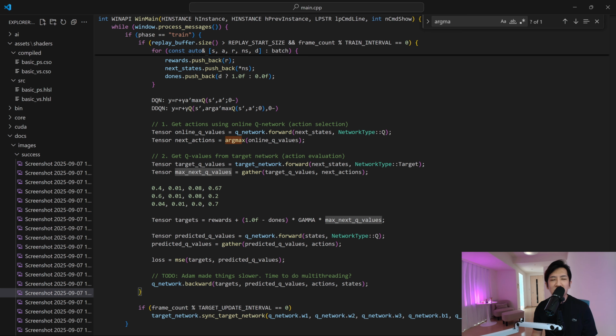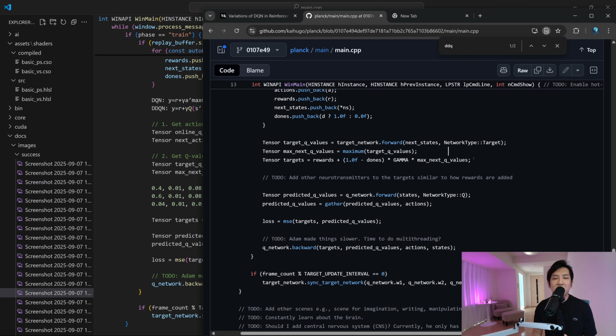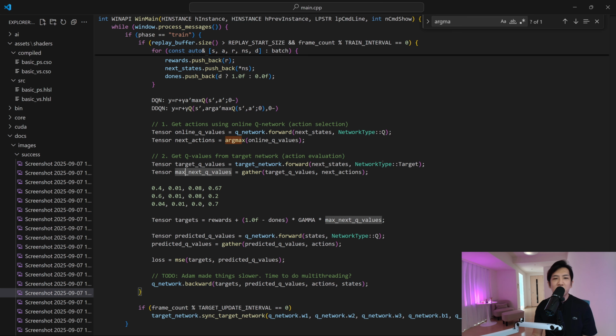And maybe a good analogy for this is that in DQN you take a test and you evaluate it by yourself, but with DDQN another person evaluates your test, which reduces bias or overestimation or overconfidence, because this other person would be this Q network.